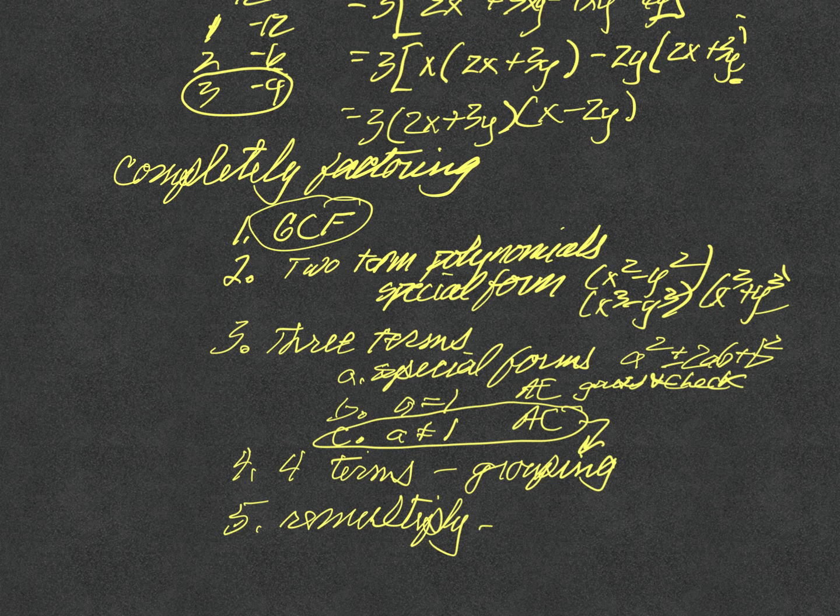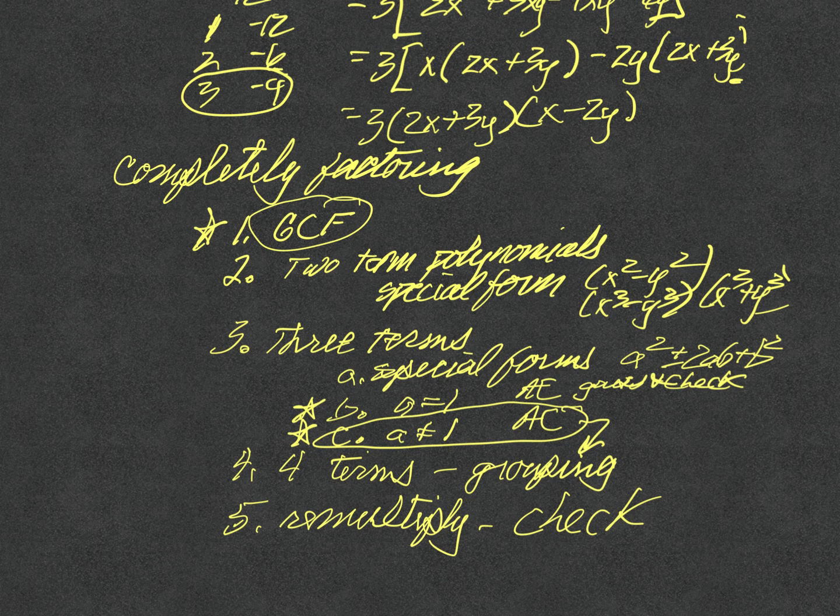If you do that, then you always know if you have the right answer. So, this is what we were doing on these last two problems, we're completely factoring, but right now, all we have are the greatest common factor methods, and a equals 1 or a is not equal to 1. So that's all we've done so far.